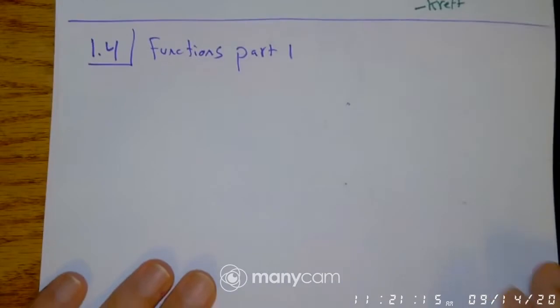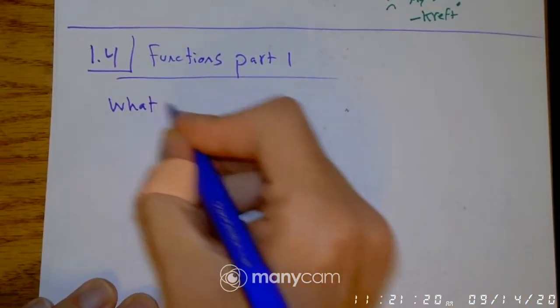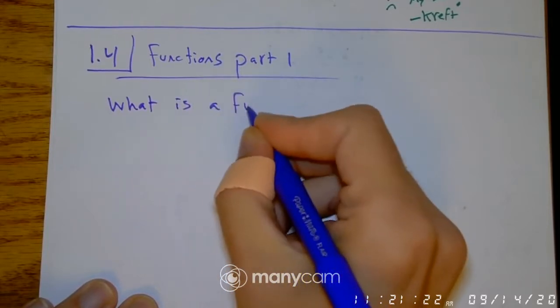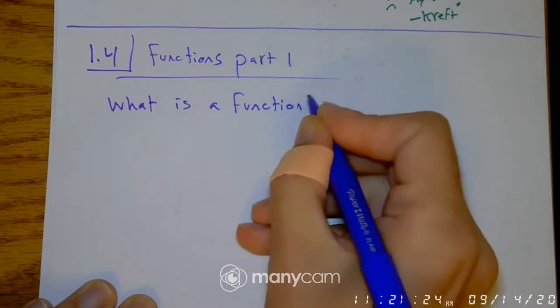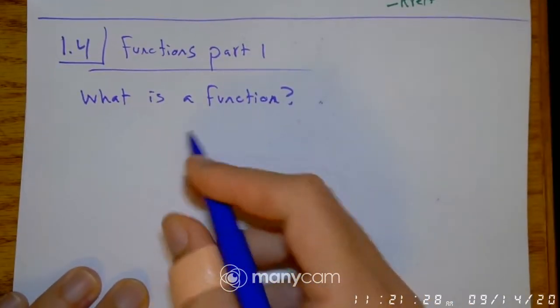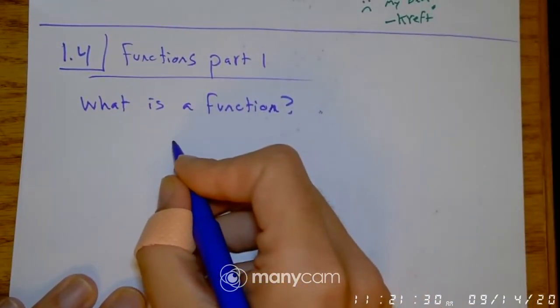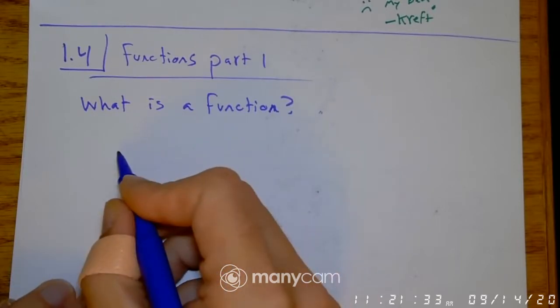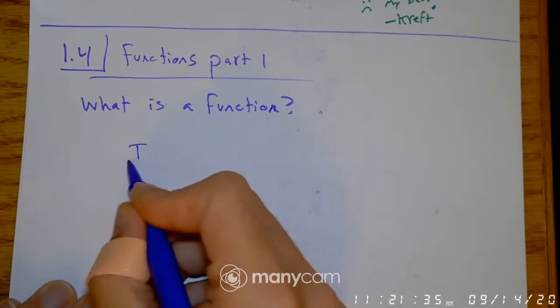Okay. So the first thing that we need to do is, what is a function? Some words that you need to know. I'm just going to group a whole bunch of words.